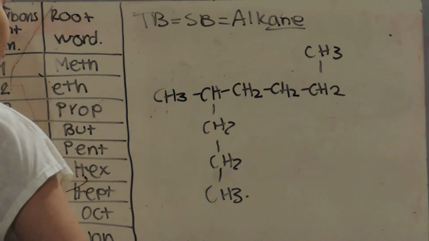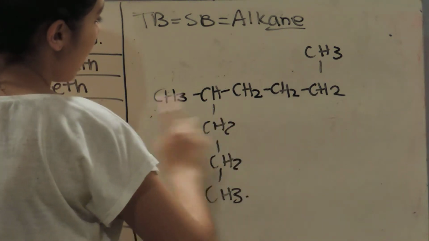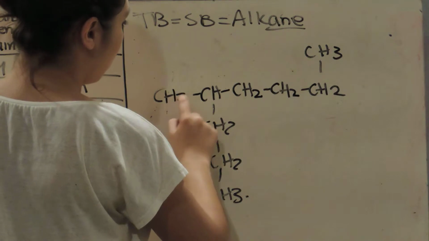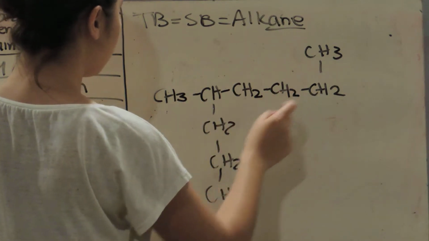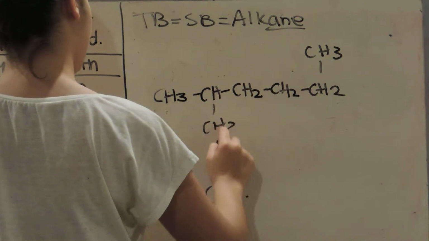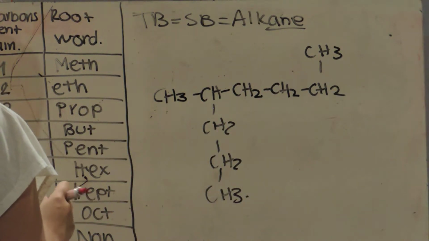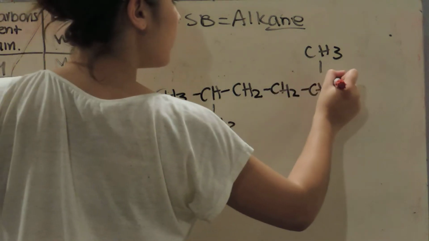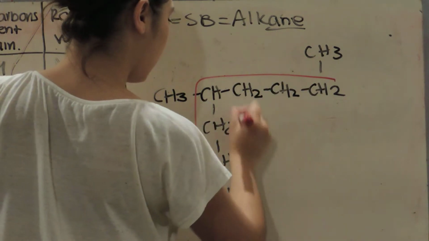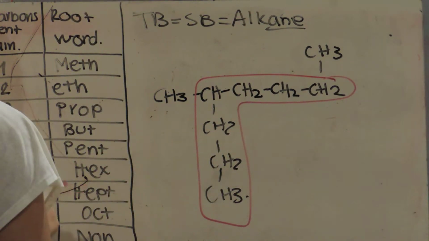So, this can be one chain, 1, 2, 3, 4, 5. Another chain can be 1, 2, 3, 4, 5. Another chain can be 1, 2, 3, 4, 5, 6, 7. The longest carbon chain that we have is this one. Remember that it needs to be a single line.